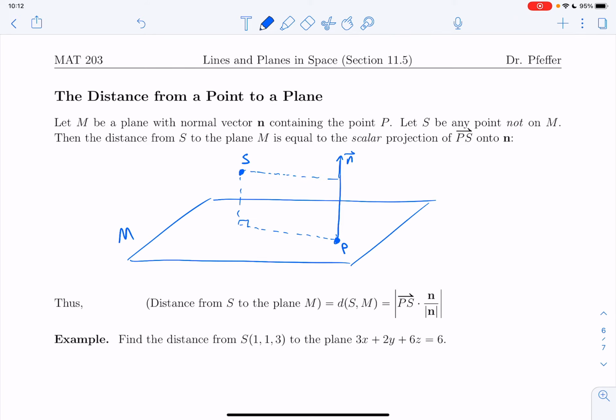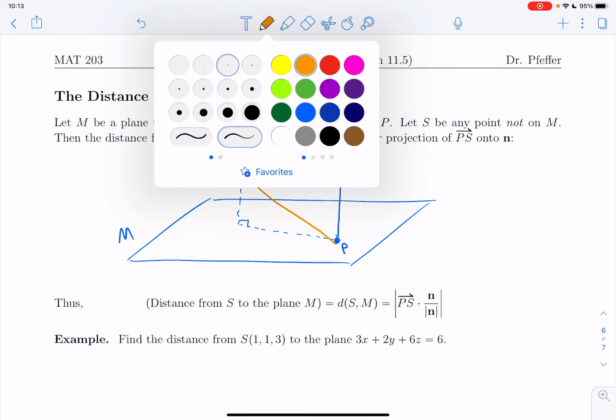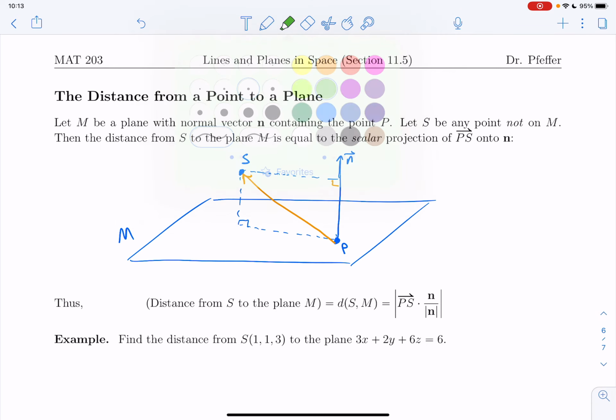What I can realize here is that if I look at the vector containing P and S, this is a right angle as well, and therefore this distance and this distance, maybe I'll do this in different colors, we'll highlight it, are actually equal. And as a result, the distance from S to M is instead computed by calculating this distance.